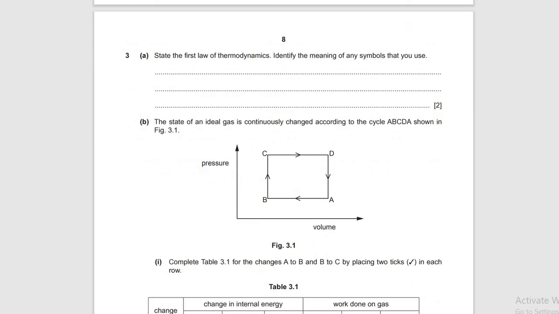Number 3 question. State the first law of thermodynamics. Okay, let's quickly look at it.